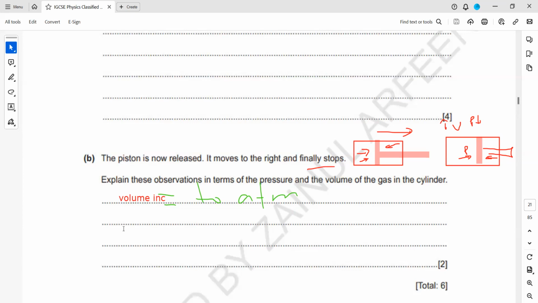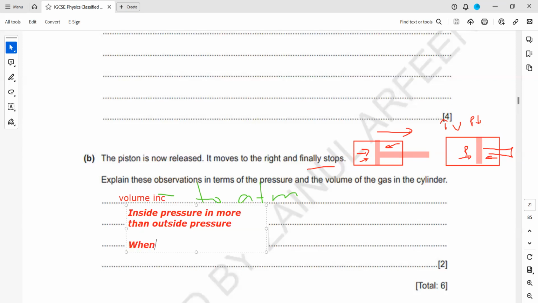So the points you will mention: initially the pressure will be high, that's why it is being pushed out, moving towards the right. Initially the inside pressure is more than the outside pressure or the atmospheric pressure.